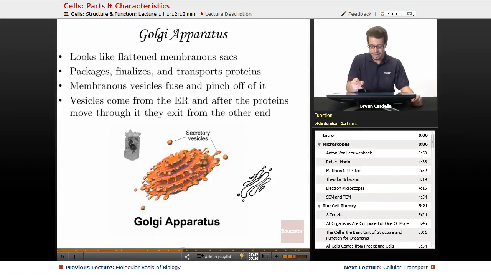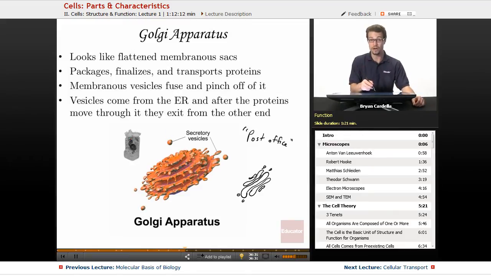So imagine this is like a post office. That special cart takes that protein product to a post office where it's packaged and tagged with a certain zip code, a chemical zip code attached to that particular protein, so that it goes to the final destination where it needs to be. Membranous vesicles, which is just a term for a container made of membrane, will fuse with it.